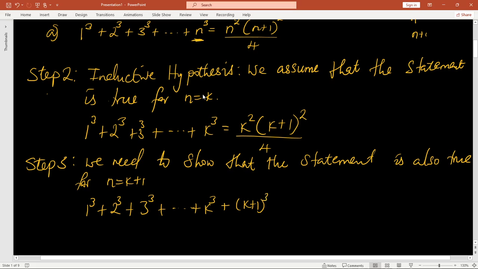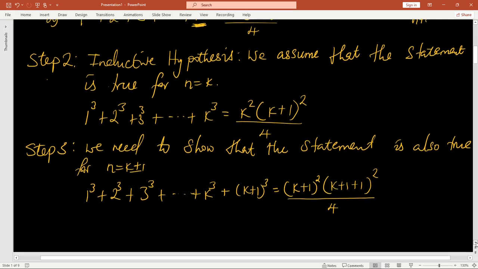Where there's n in this expression, we substitute with k plus 1. Then we equate this to (k plus 1) squared, (k plus 1 plus 1) to the power 2 divided by 4 this side.